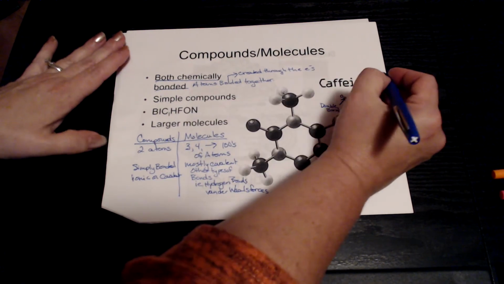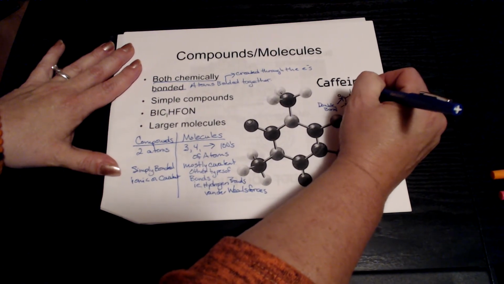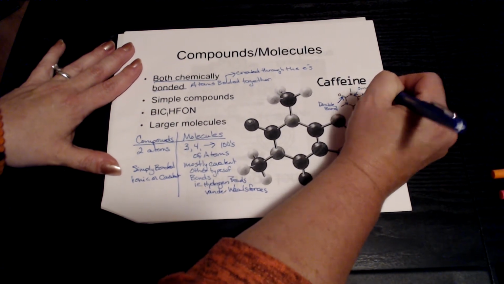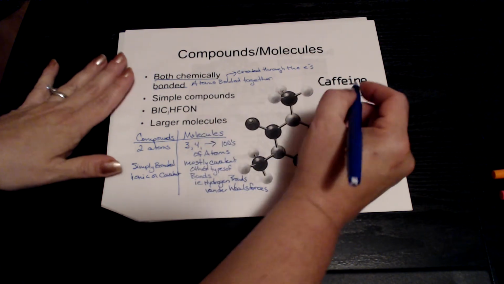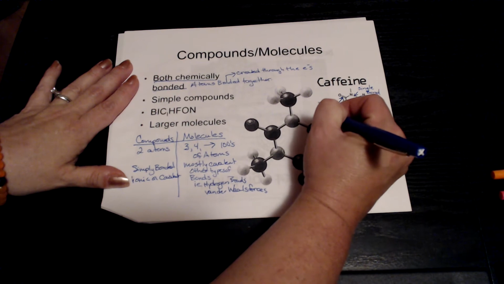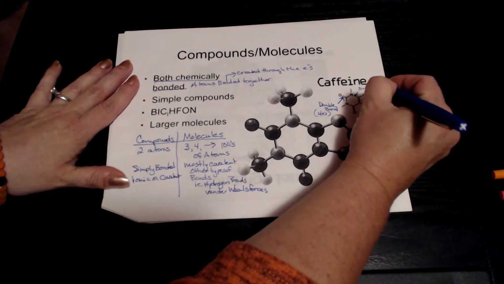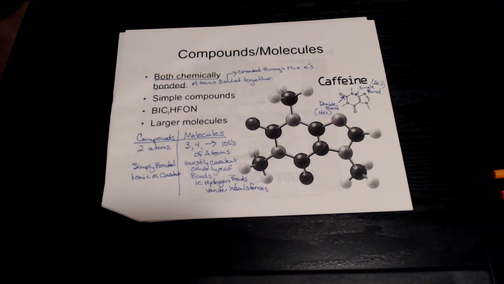Whereas the single line, like this one here, is just a single bond. So in a double bond, you have 4 electrons involved. And in a single bond, you have just 2 electrons involved.